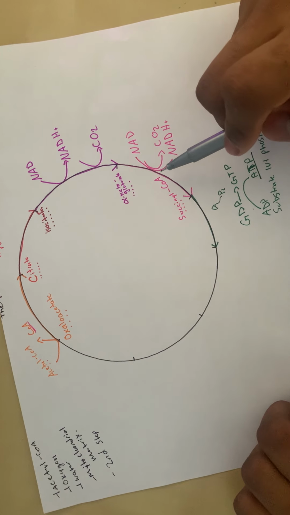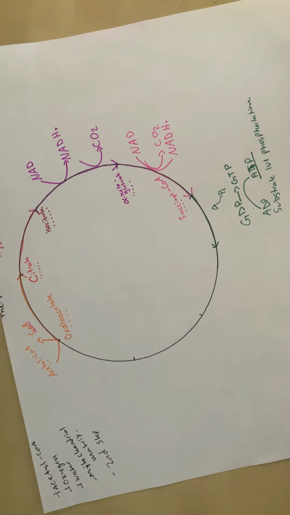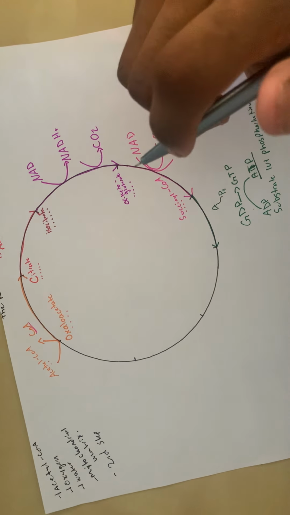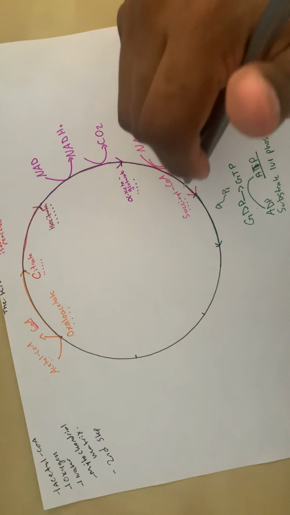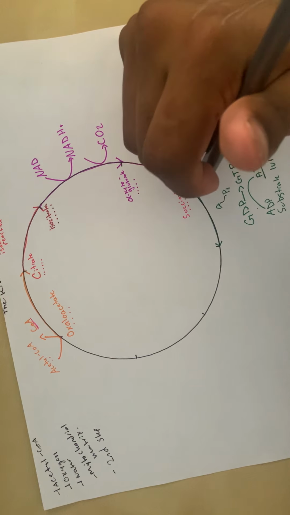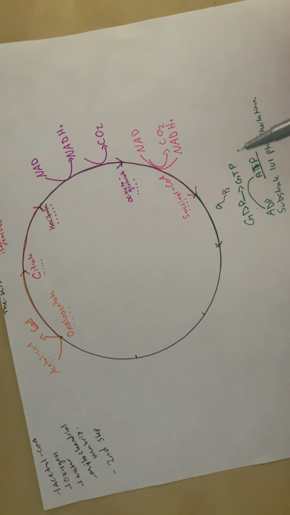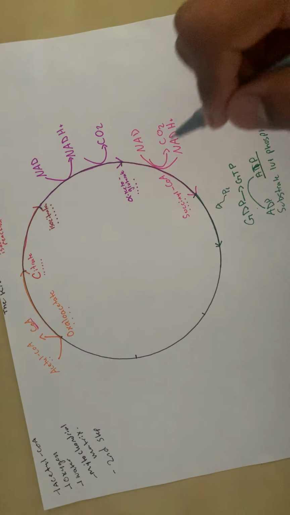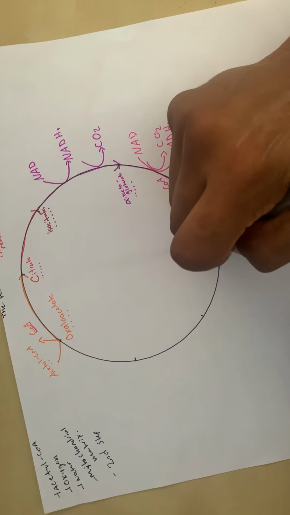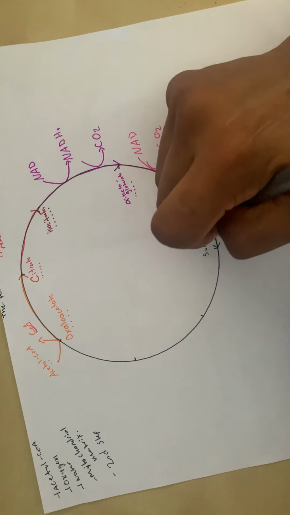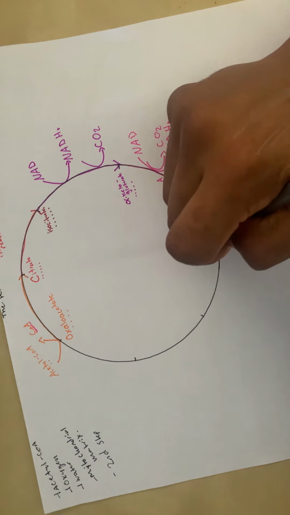So we lose the CoA molecule, coenzyme A. An inorganic phosphate group is added to succinyl, turning GDP into GTP, which turns ADP into ATP through substrate level phosphorylation. And the new molecule that you're left with is succinate. 1, 2, 3, 4.